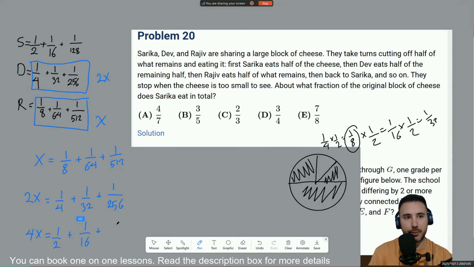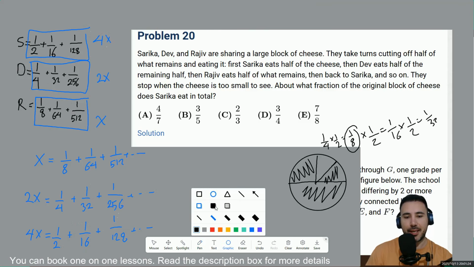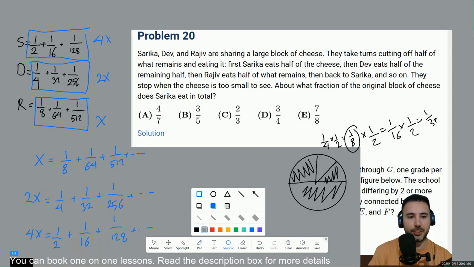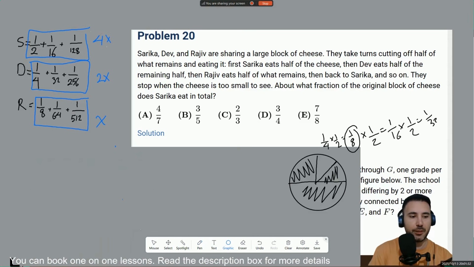So take a look. This is just 4X. That means D will eat 2 times of R, and S will also eat 2 times of D. And we know together, they just eat one block of cheese. All of that is just 1.